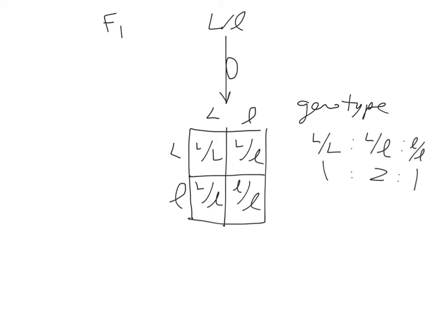So what genotype gets you leafy flowers? Yeah, this one. But this one as well. Right. And we only know that because we determined that when we crossed the pure breeding parents and found out that capital L is dominant. Yes. So any of these genotypes that has at least 1 capital L is going to produce leafy flowers.